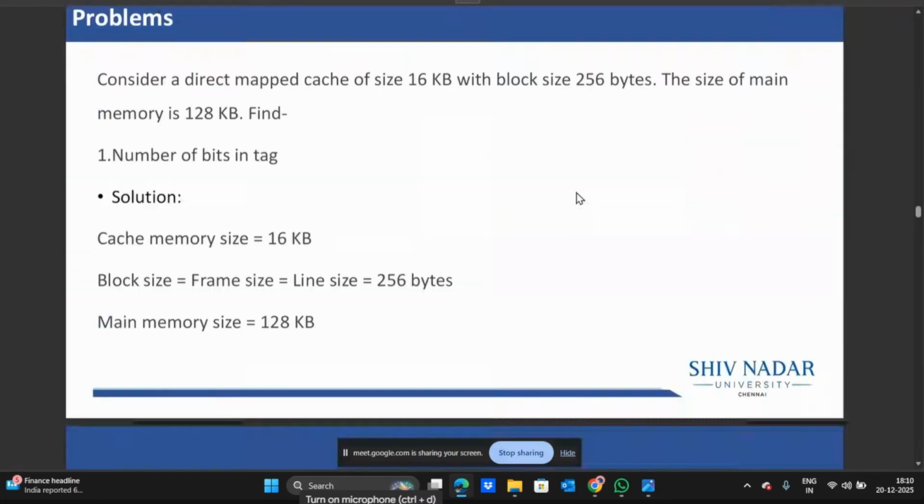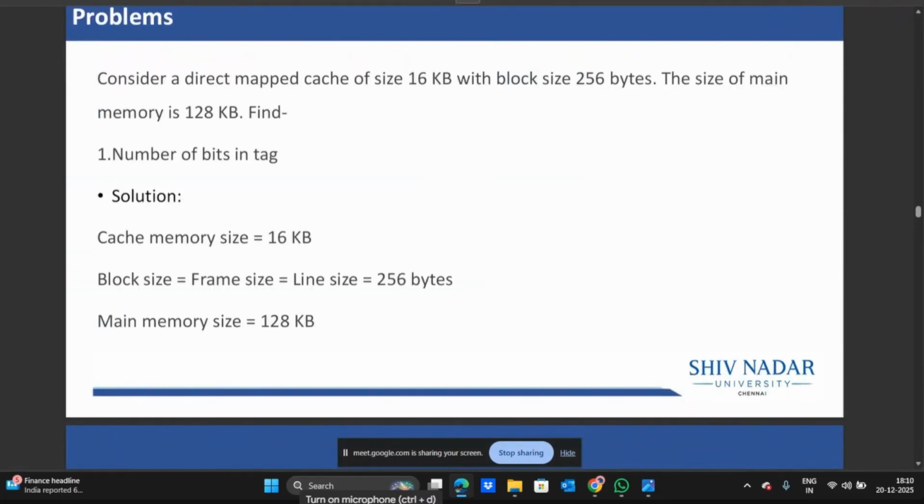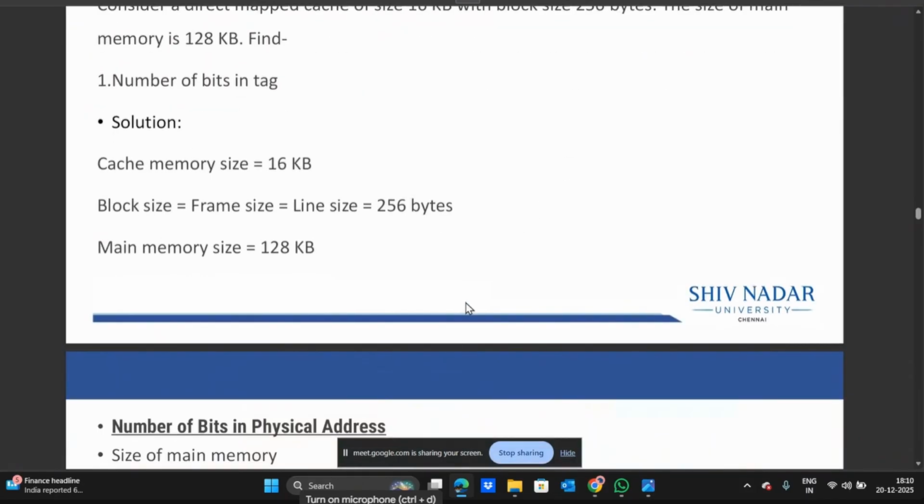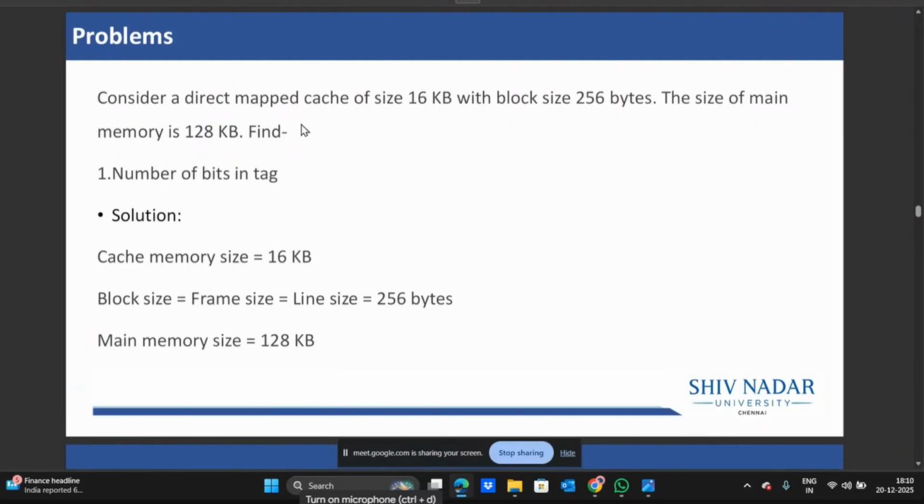Offset, as I told, is determined by this 256 bytes because that is the block size. The total memory is 128 KB. 128 is nothing but 2 power 7, and K is 2 power 10. So total available address bits are 17. So 17 bits are available for you.